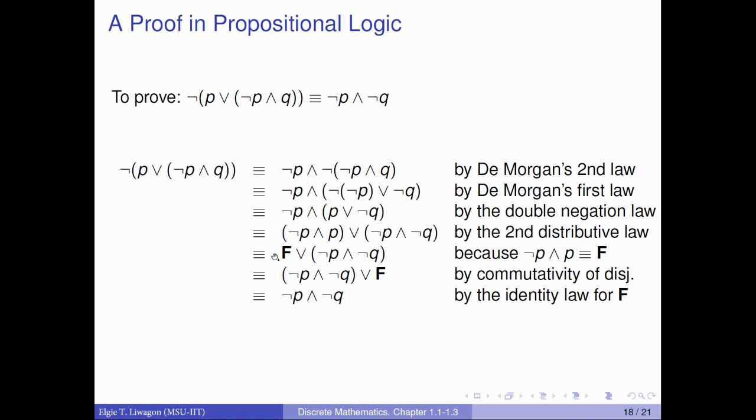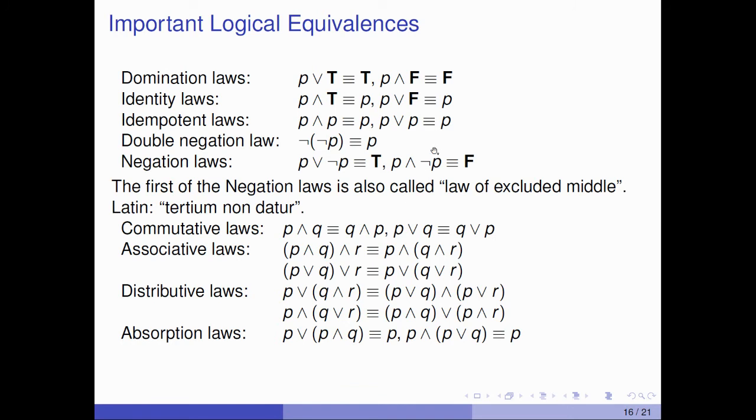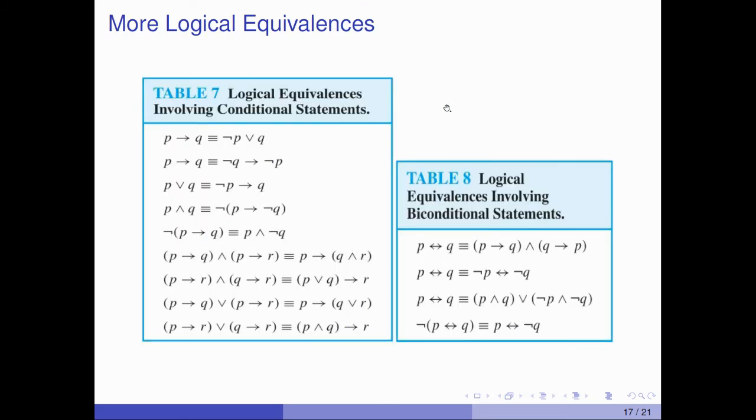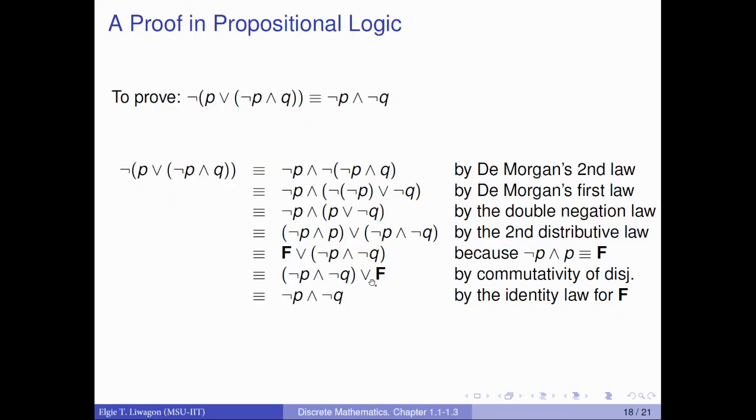It would be okay for me. Just directly use the identity law, because you have identity law for F. P or F is P. So in your problem, this one or F, then that would come out. That is our right side.